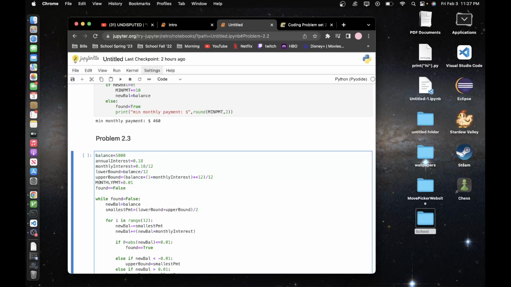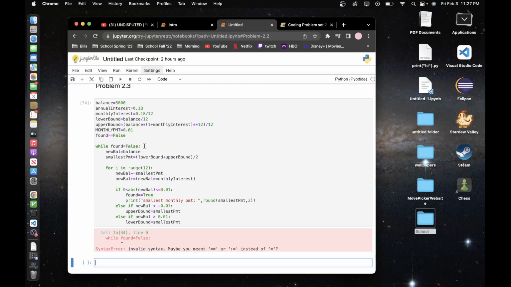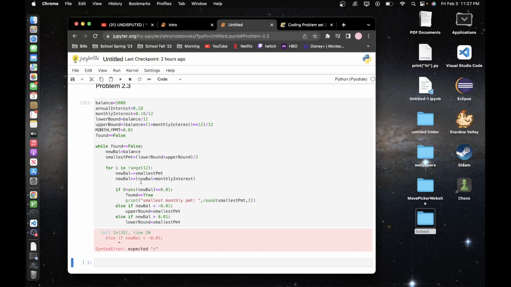Found equals true, and we want to print monthly payment, round payment to 2. Okay. Oh yeah, I forgot Python is elif.